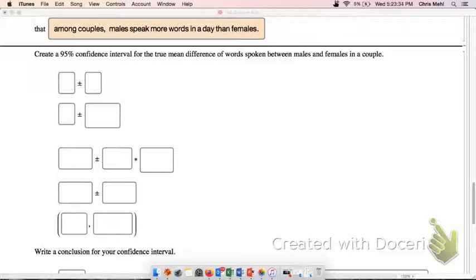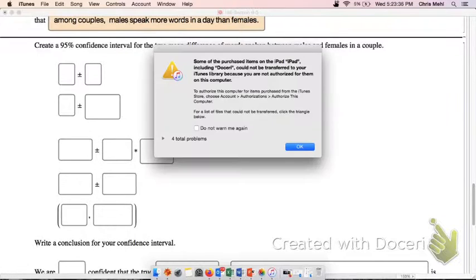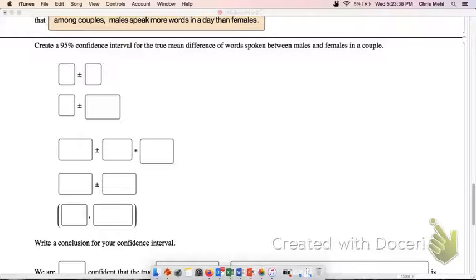Okay, now the last thing you would do in this section is construct a 95% confidence interval for the true mean difference of words spoken between males and females in a couple. So the true mean difference of words spoken in a day between males and females. Now, what's the best estimate, a single value estimate, for a population mean of differences?